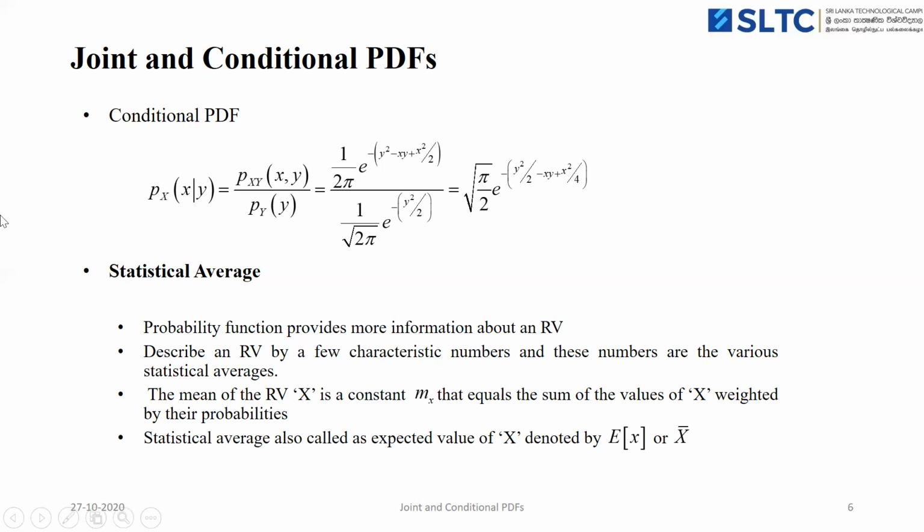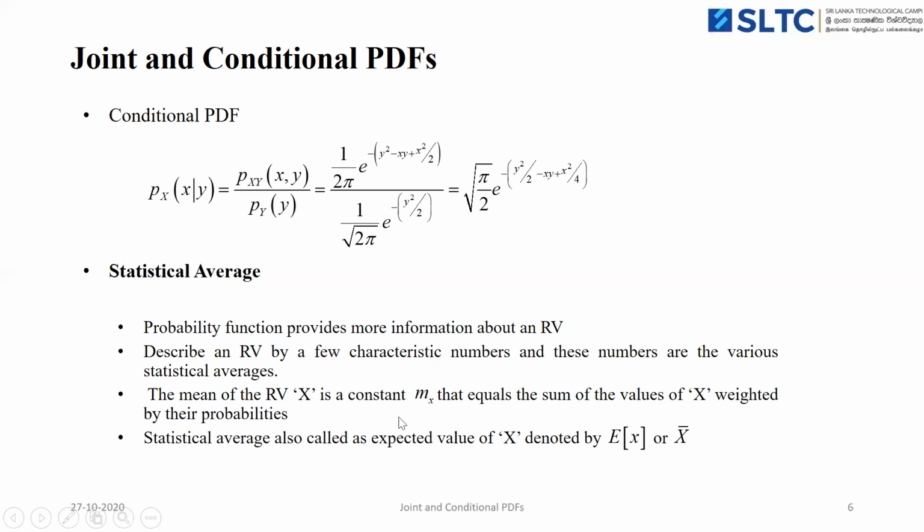So the mean of the random variable, say random variable x, is a constant. We usually use the notation mx. That equals the sum of the values of the random variable x weighted by their probabilities. We have to sum the values of the random variable with the weighted probabilities to get the mean of the random variable.